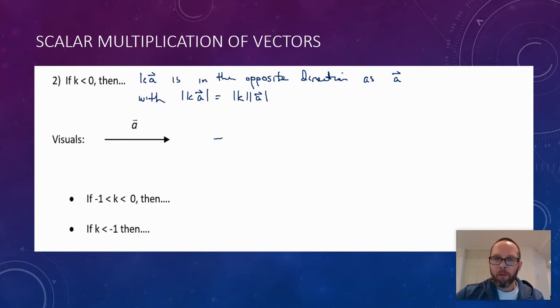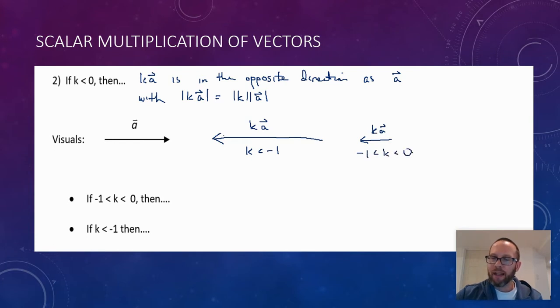Visuals, we'll do the same as before. I'll make a longer vector and just have it going in the opposite direction. So that's ka if k is less than negative 1. So I'll make negative 2 or negative 3 or negative 1.5. And I'll make one really small. That's ka if k is between negative 1 and 0.